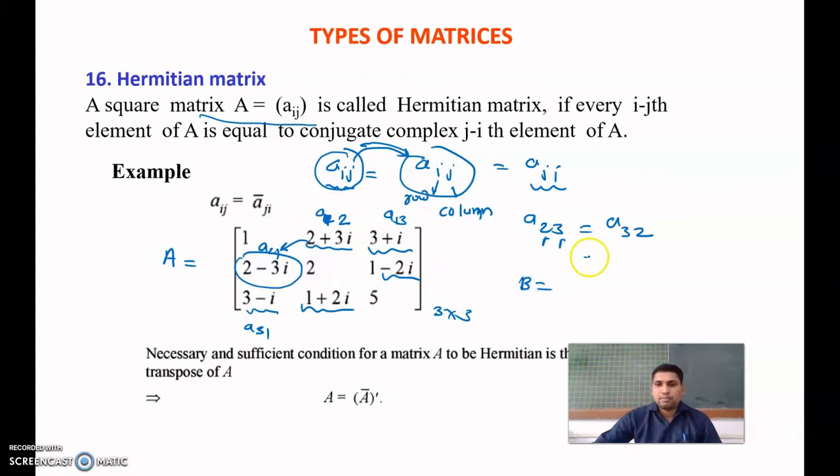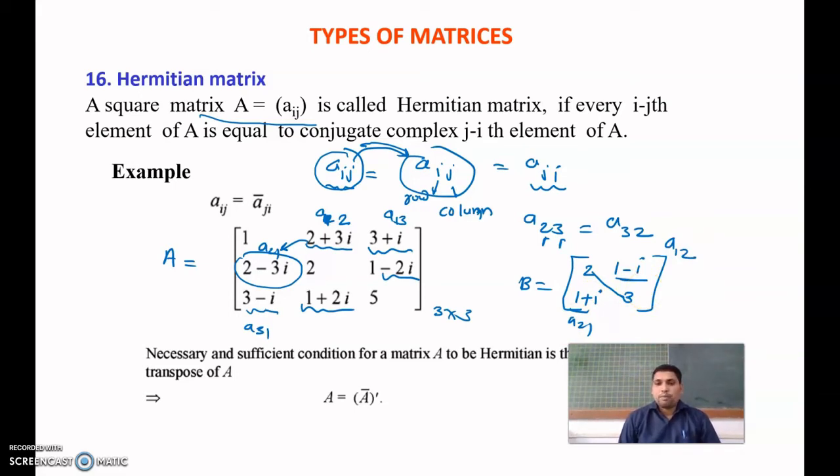Suppose this is matrix B. You can see here, these are the diagonal elements, these are real numbers, and you can see these complex numbers are complex conjugates of each other. This is A12 and this is A21. So this is an example of a Hermitian matrix.